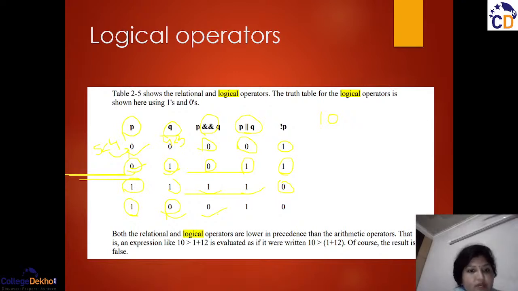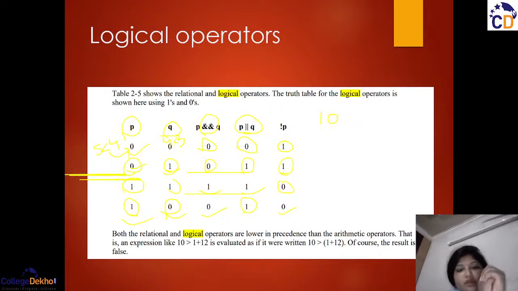And if one of the conditions is true using the OR operator, then your answer would be true, right? And negate of 1 would be 0, right? So this is how it is evaluated.